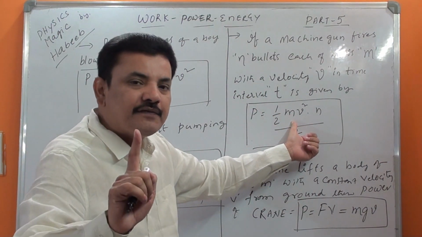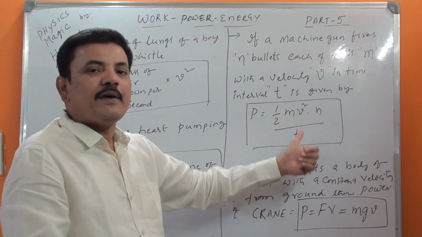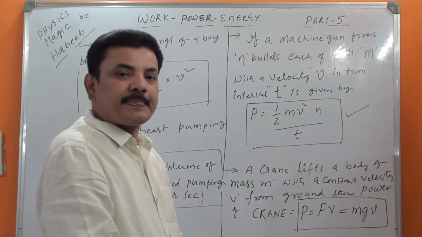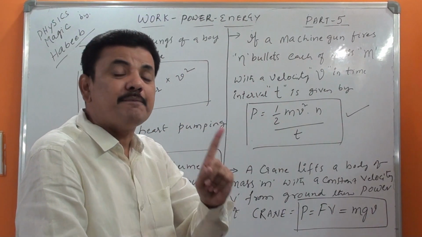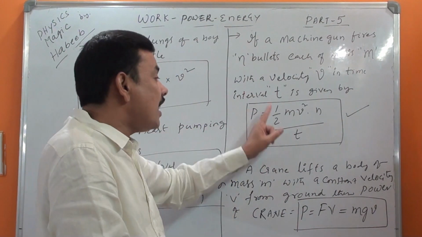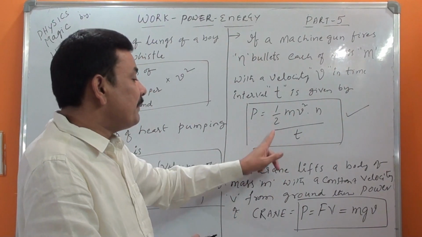For one bullet it is half mv square, so for n bullets it is n into half mv square divided by time. Then if you do this, you will get the answer. Because of this, you will get a minimum of 12 to 15 formula-based questions like this in the NEET examination. So remember this.